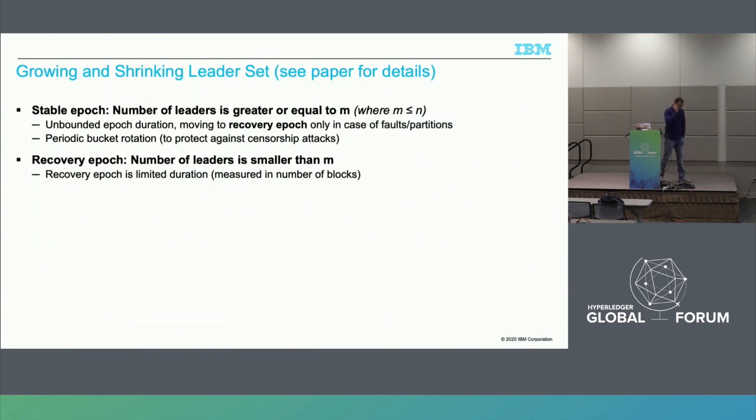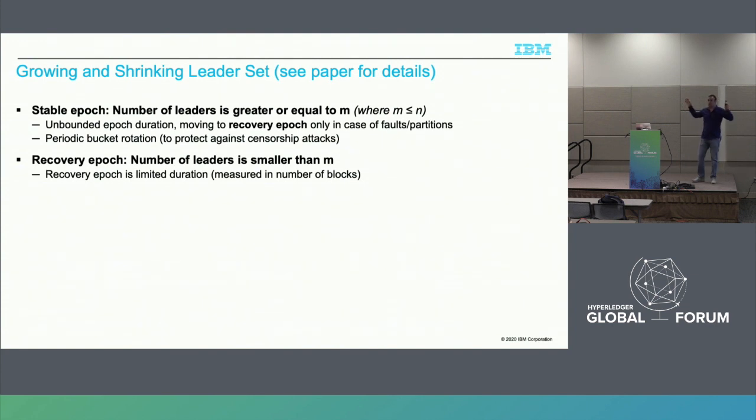So the number of nodes, I will show you some plots in which the number of leaders is 100. And you can say this is very optimistic. So what we do is, when faults happen, we shrink the leader set. Basically, at this stage, we have the primary, which is round robin like in PBFT, and the primary decides what his leader set is.